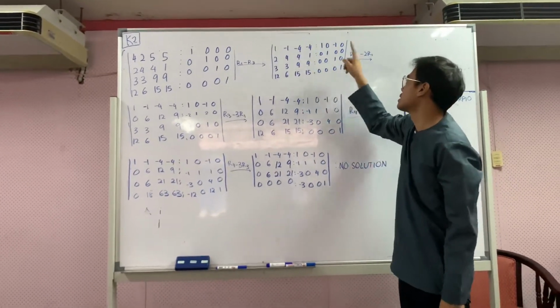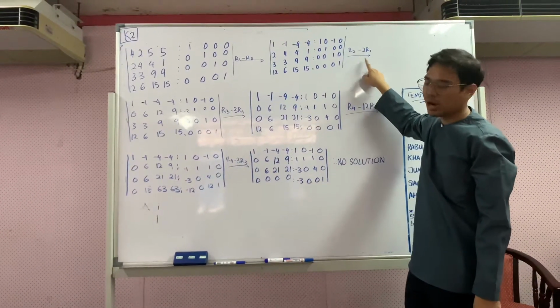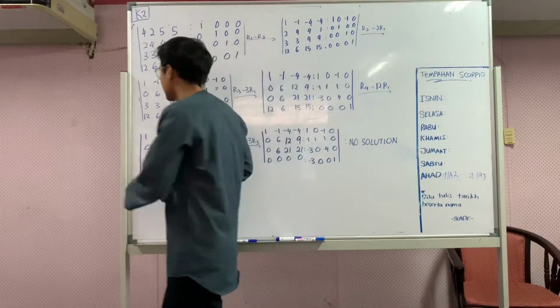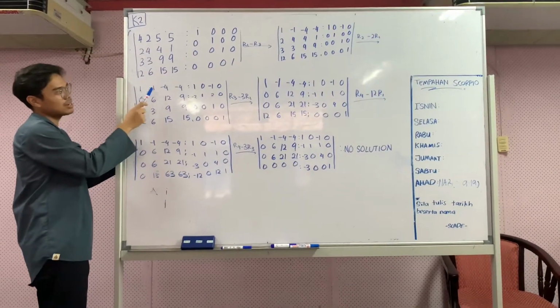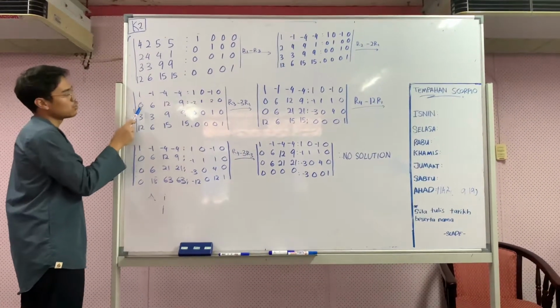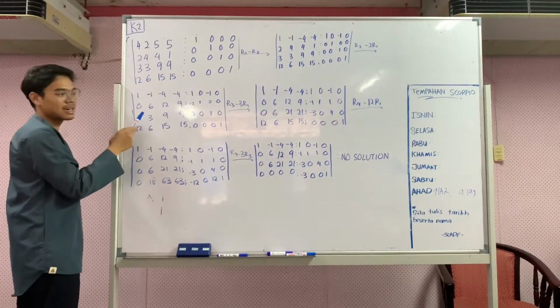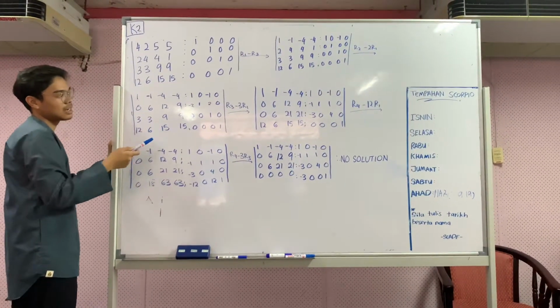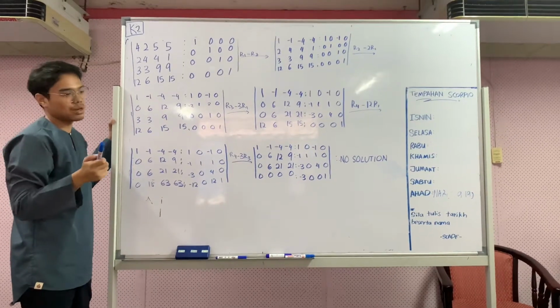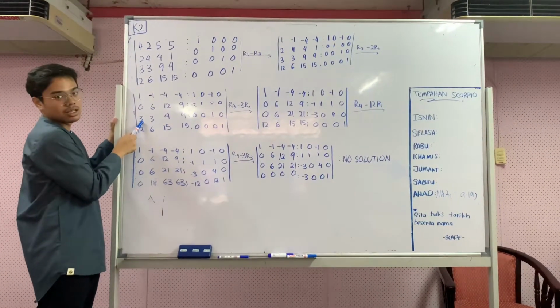So what I do is subtract R2 with 2R1, and it gives me 1, negative 1, negative 4, negative 4, 0, 6, 12, 9, 3, 3, 9, 9, 12, 6, 15, 15. And the third one is I want to get this 3 to become 0.